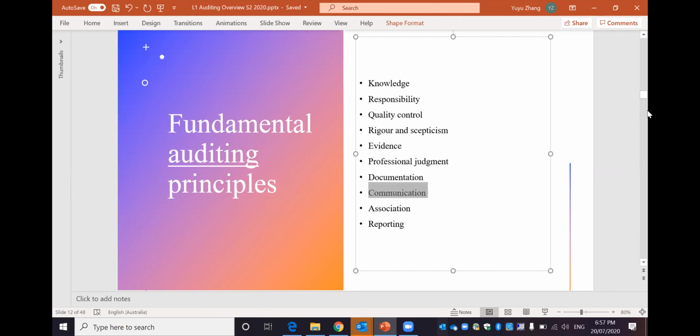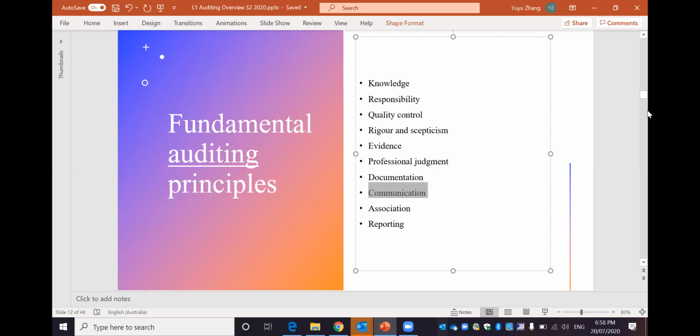Communication. In this profession, communication is so important. So it's not just dealing with the numbers, dealing with the software. It's more about dealing with people. So in addition to the skills of accounting, skills of risk management, you should also be very, very good at communications.